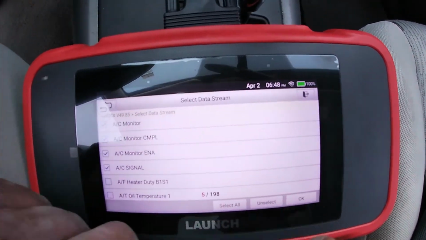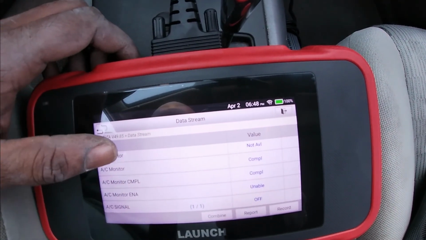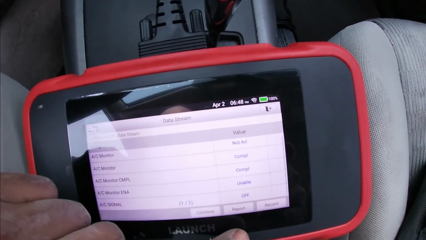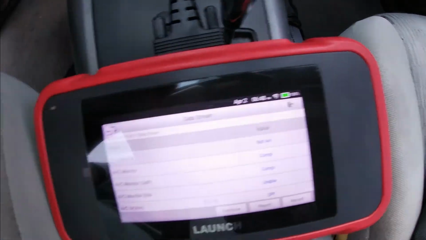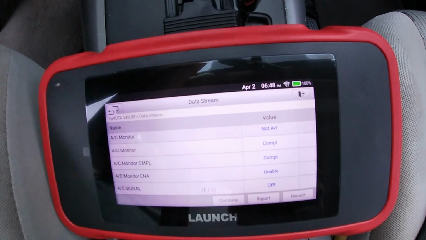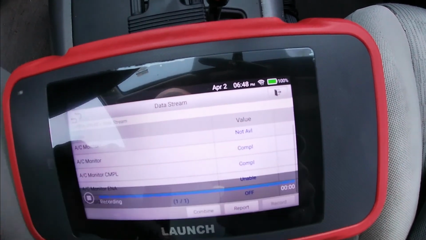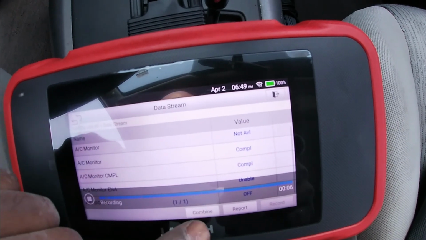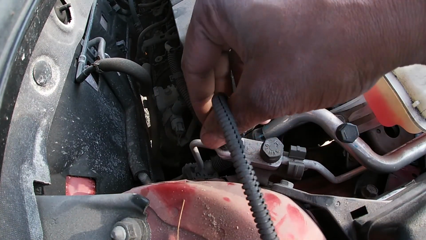However, when I ran the diagnostic, the AC monitor says it's not available. I couldn't get any type of reading because I don't think it was equipped with that chip to show me what exactly was wrong with the air conditioner itself. There was no detailed readout. So I put that aside and went to the manual process.